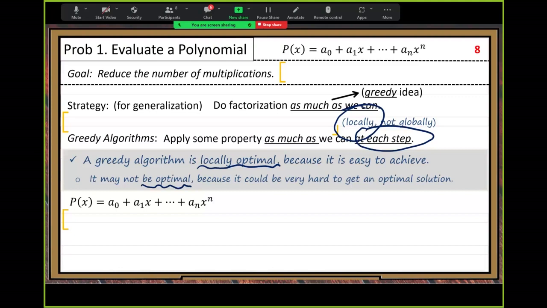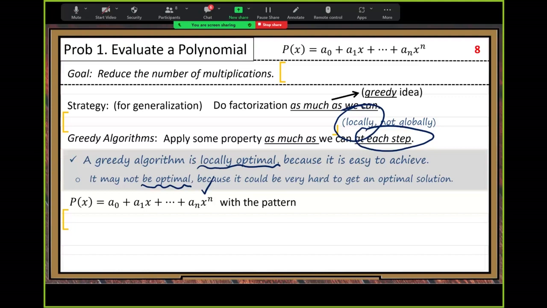So now let's apply this greedy strategy when we generalize our factorization idea to the general case, the degree n case. When we start, we have this general formula expression.